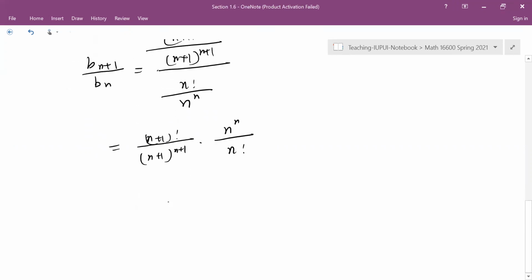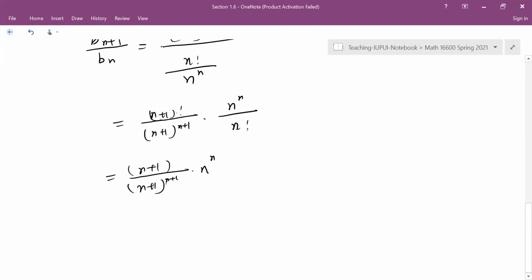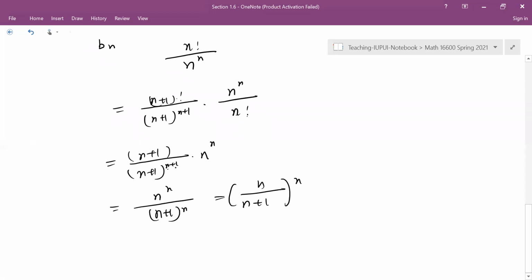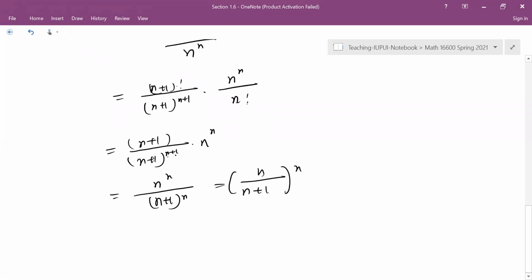Okay, so let's simplify it. n plus 1 factorial over n factorial is just n plus 1, right? And then I have n to the nth power. So here n plus 1, here's n, right? So you simplify, right? Then finally you get n over n plus 1 to the nth power. So that's just simplification. If you go back to algebra, you can do that. And what is inside is less than 1, right?